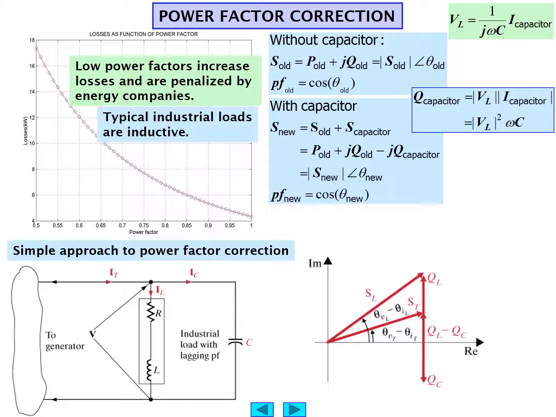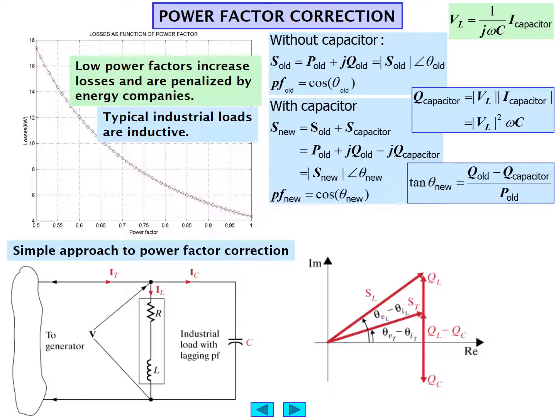Without the capacitor, the power factor was just the cosine of theta old, but with the capacitor we've added a new term. So the complex power new is the complex power old plus the complex power due to the capacitor. So P old plus jQ old minus jQ capacitor, if you will. And that gives us the magnitude of S new at the angle of theta new, and a new power factor results. Hopefully the angle decreases, and therefore the power factor approaches 1.